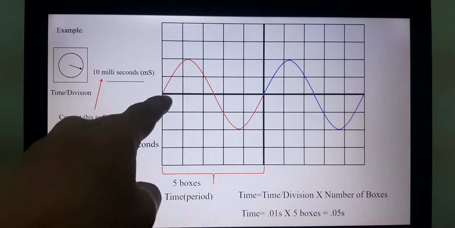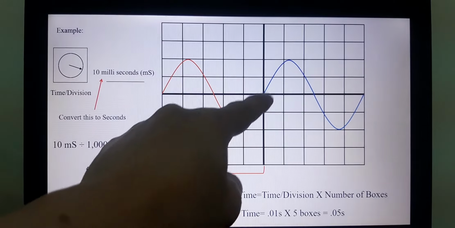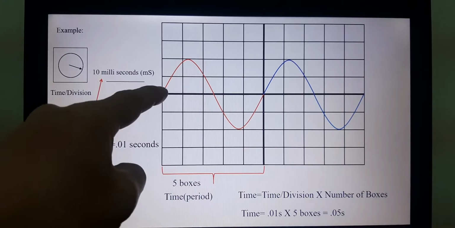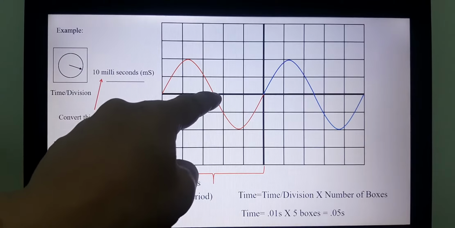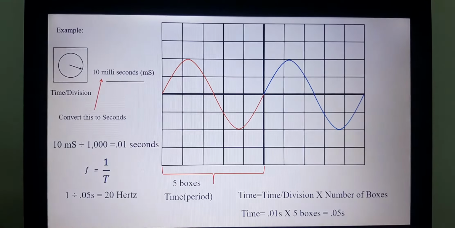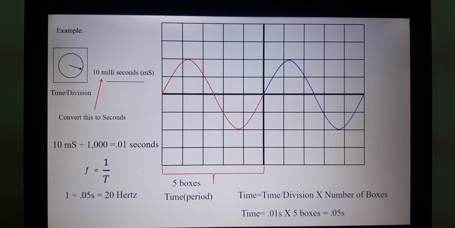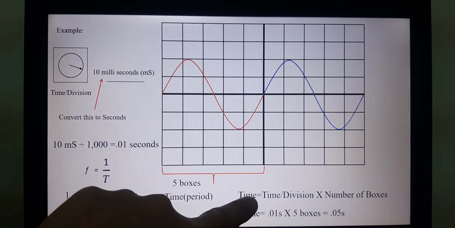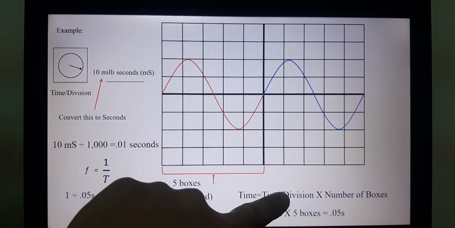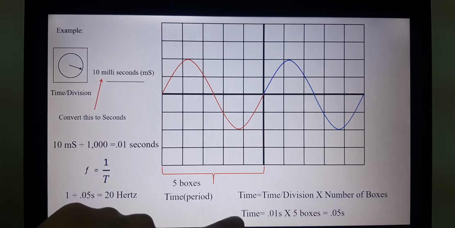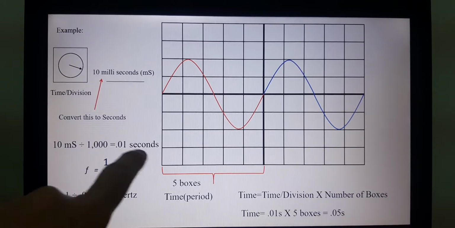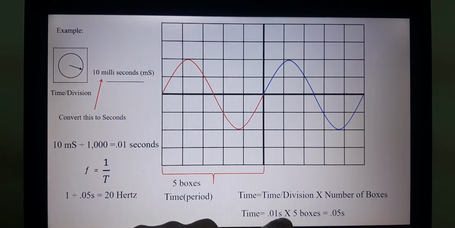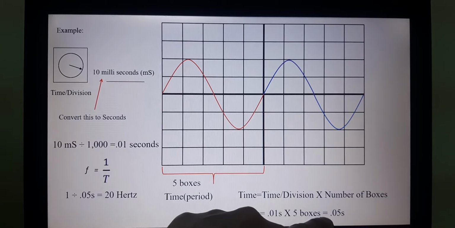The time covered to complete this one cycle, from 0 going to 360, is 5 boxes. Again, our formula is time is equal to time per division times number of boxes. Time is equal to 0.01 times 5 boxes, which is equal to 0.05 seconds. So our time is 0.05 seconds.